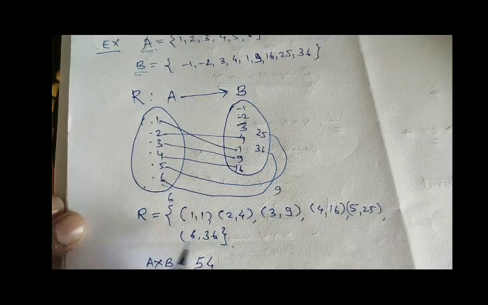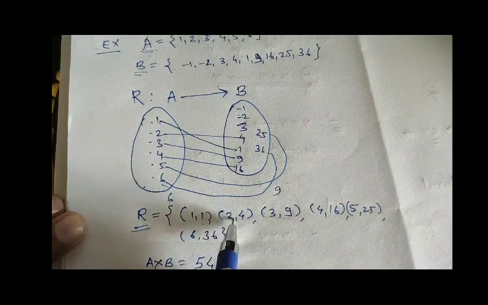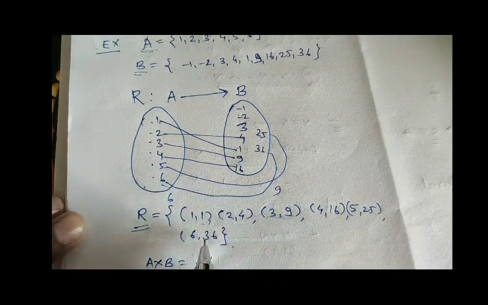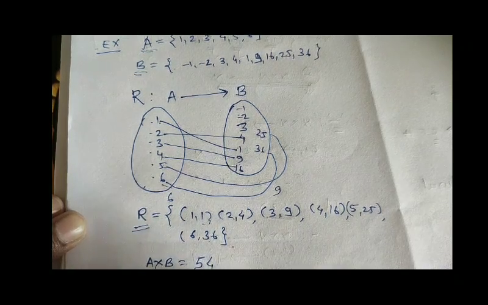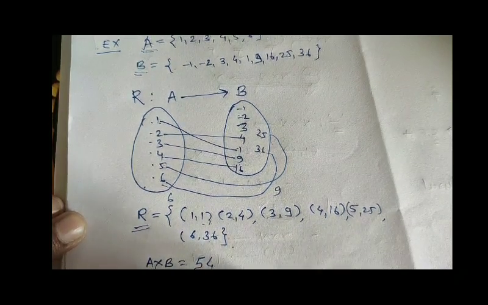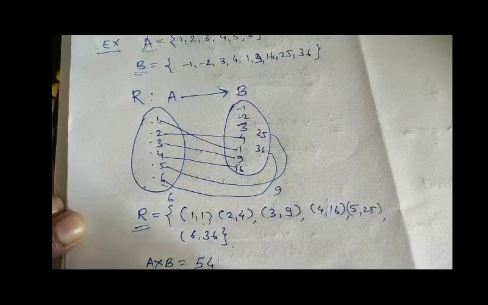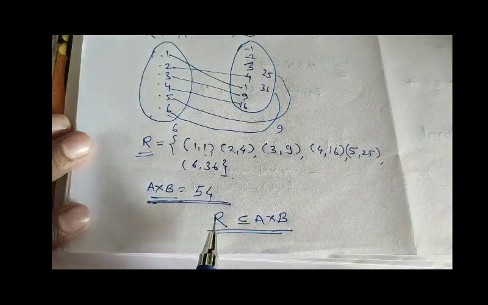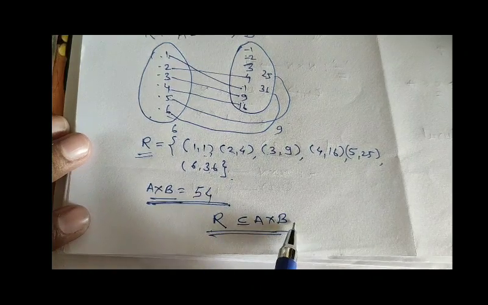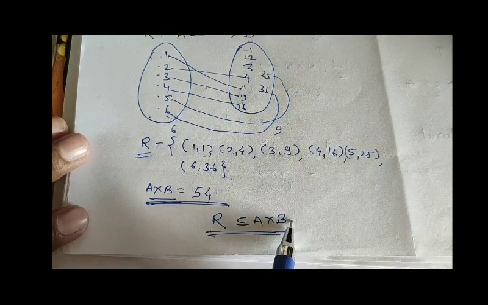And in set R only 6 elements are there. So this set R is a subset of A cross B.